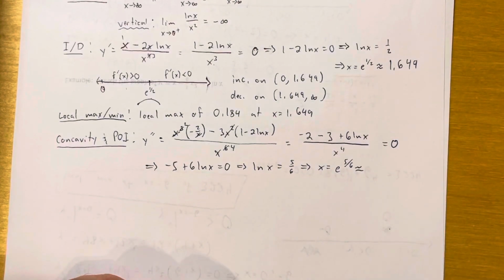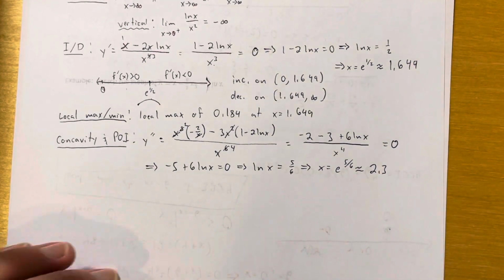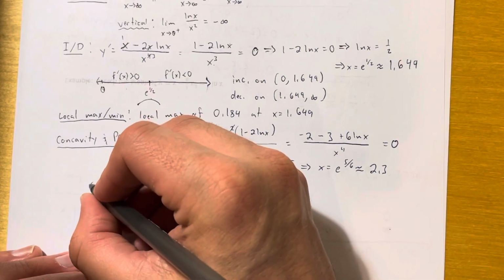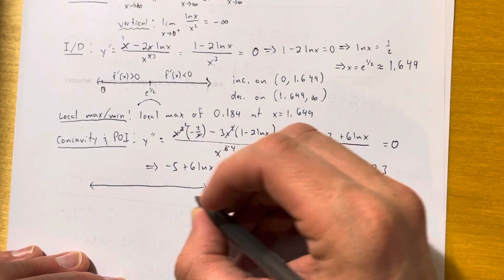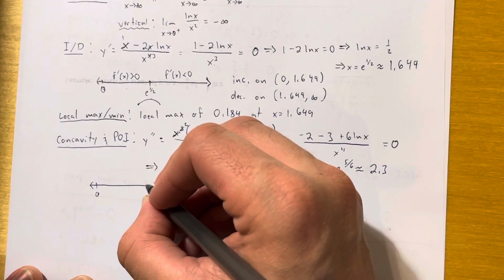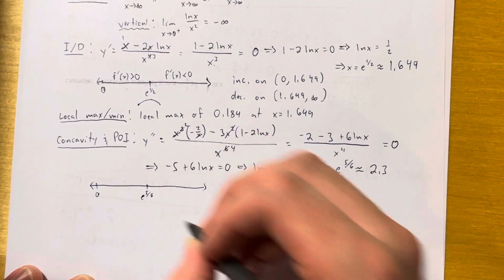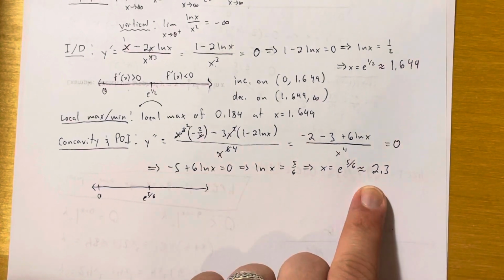And once again, we're going to want an approximation there. So e to the 5/6 power is approximately 2.3. Okay, we want to see if that represents a point of inflection. And once again, put a 0 here just to set a boundary. This is e to the 5/6 power right here, and that's 2.3 roughly.